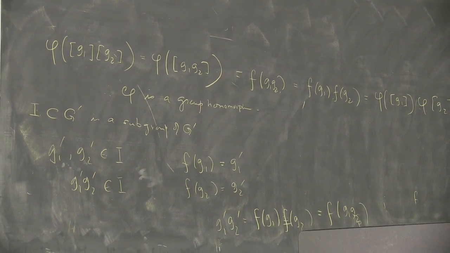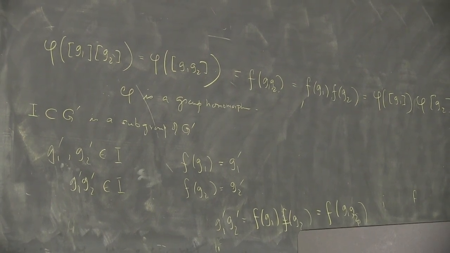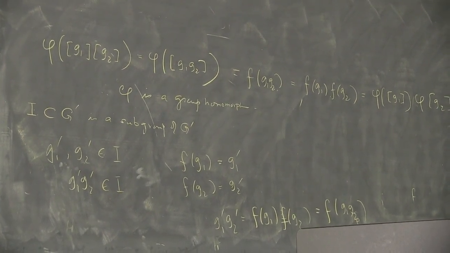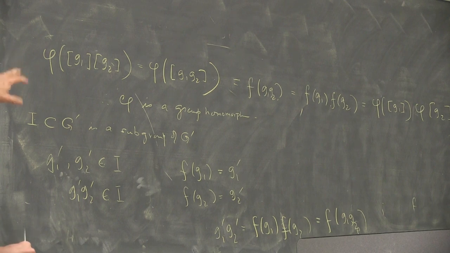So I have a mapping between this group to this group. So therefore, phi is a group homomorphism. Okay, and we have demonstrated this property in there. So phi is a group homomorphism.